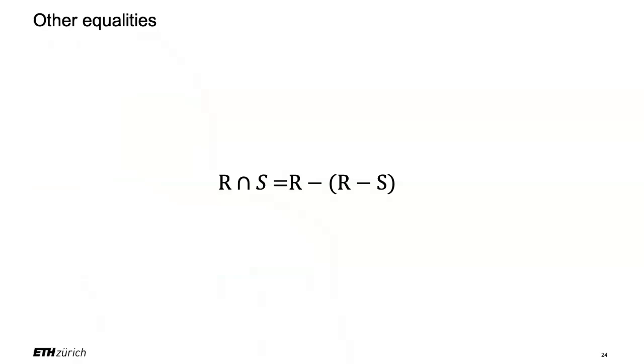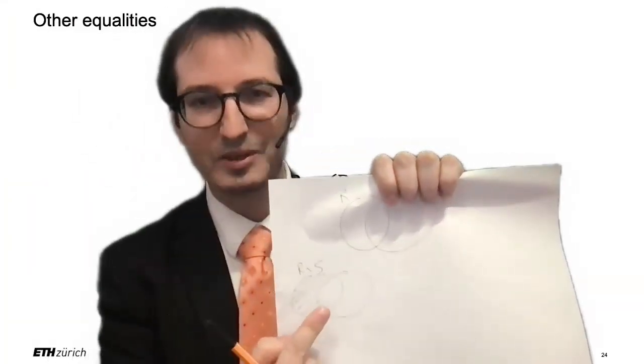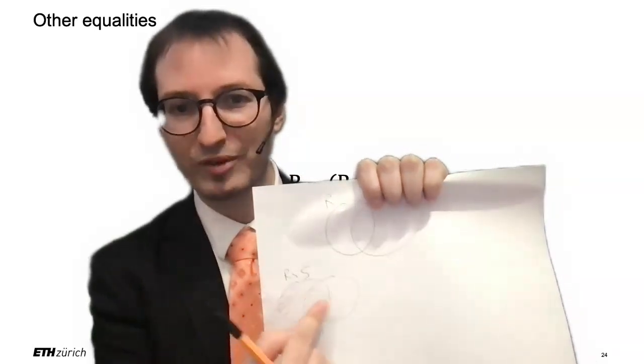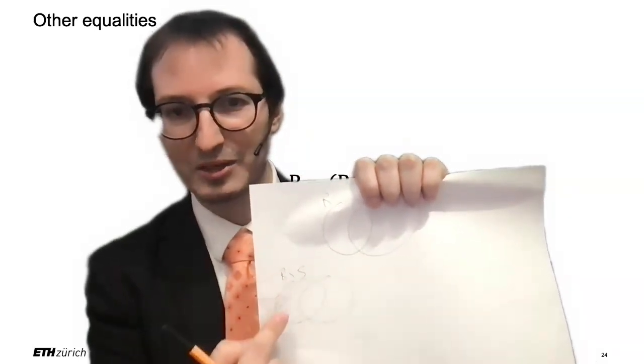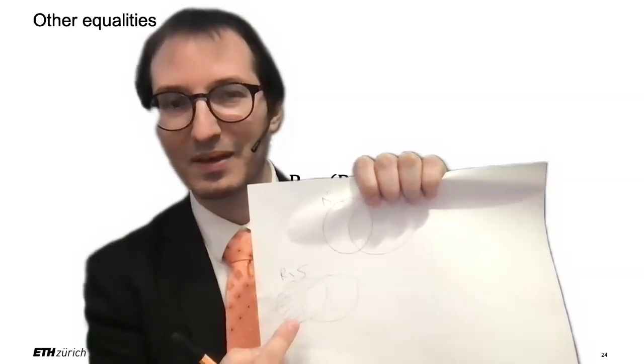And so the idea is that this would be R minus S, basically. If you take all the part of R here in the left, but you remove S, that's the part that I have basically grayed here. Who agrees? Yeah.